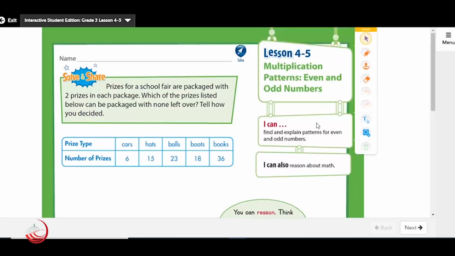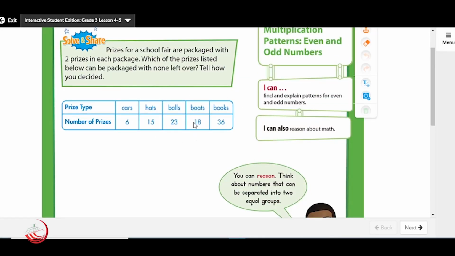In this word problem, we knew that all the odd numbers cannot be divided by 2 with none left over. 15 and 23 cannot be divided by 2 with none left over.